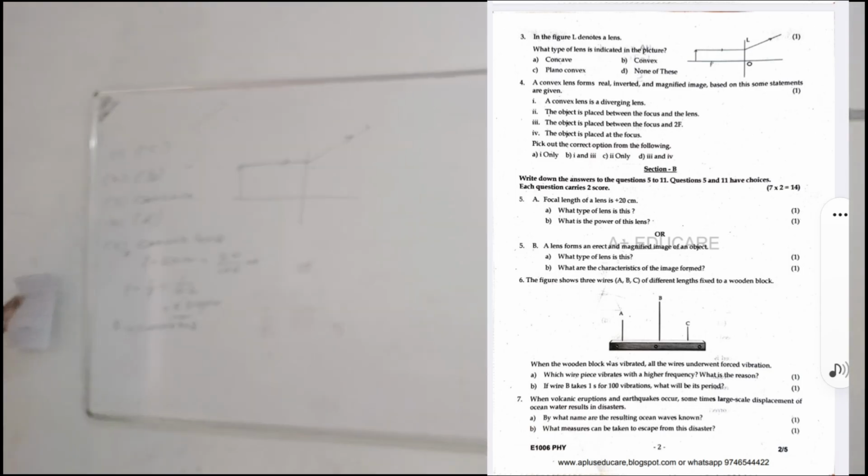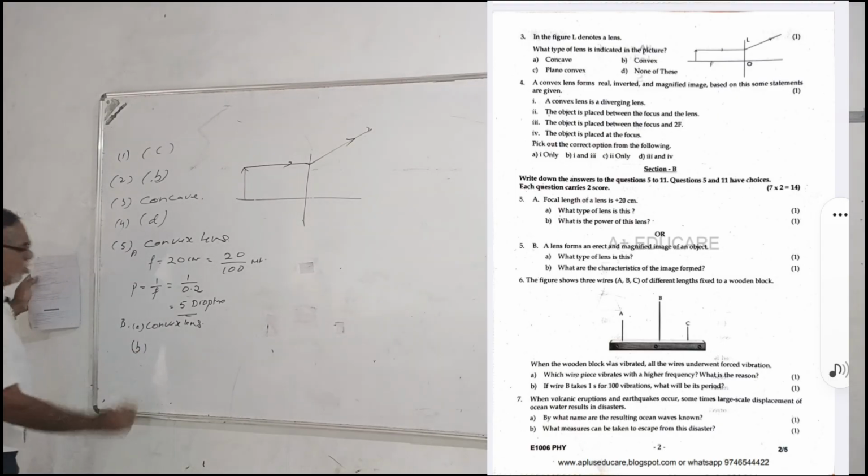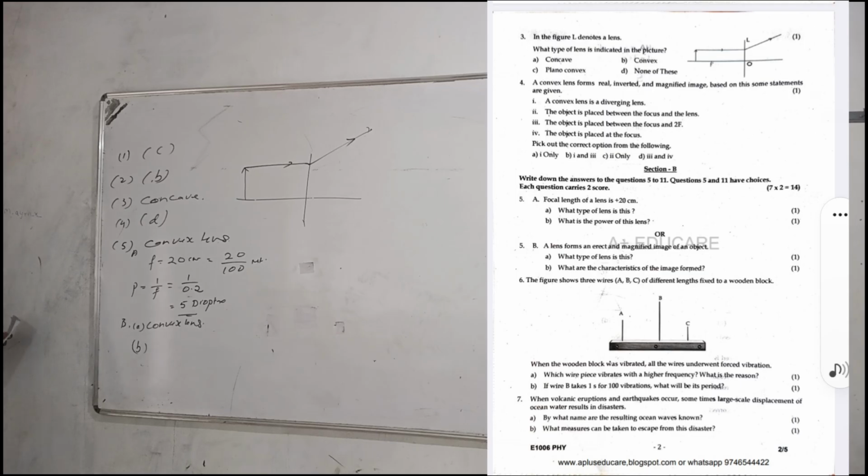And what are the characteristics of the image formed? The image formed is an erect, magnified image on the same side of the object, and it is a virtual image.